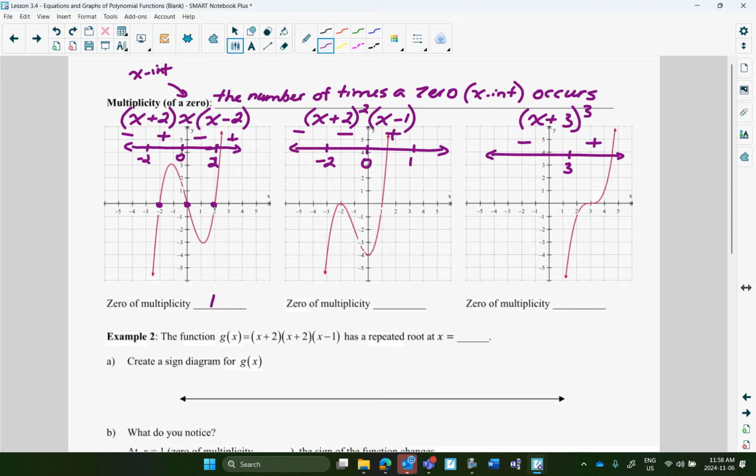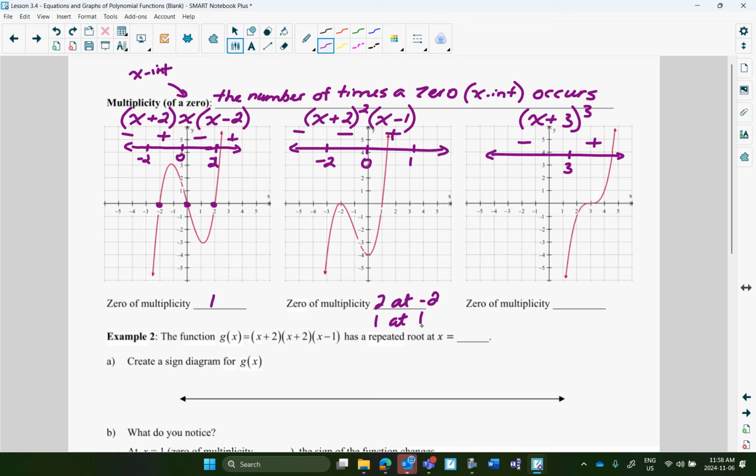This one has a 0 of multiplicity 2 at this x-intercept, but a 0 of multiplicity 1 at this x-intercept. It bounces back or occurs twice in the equation at -2, but it goes straight through and only appears once at +1.